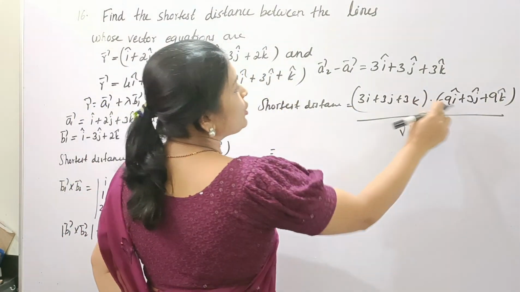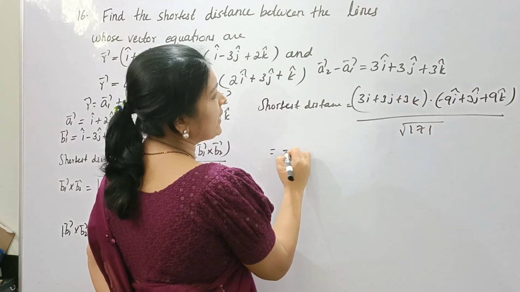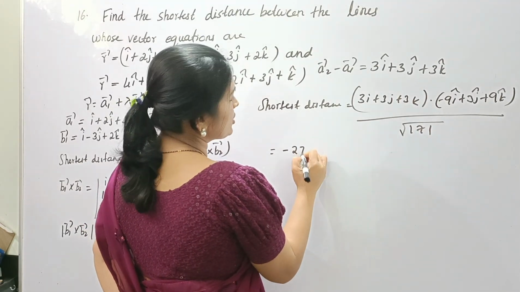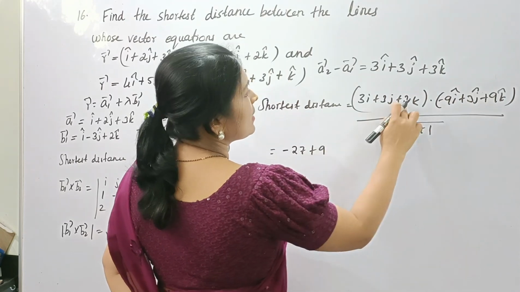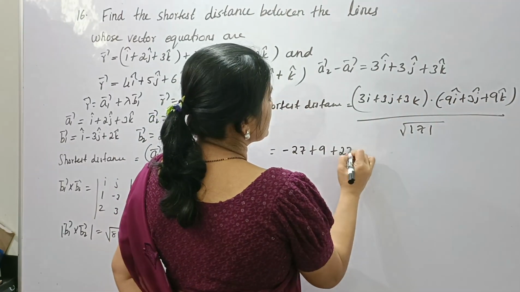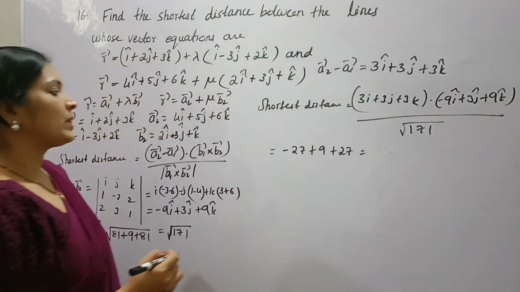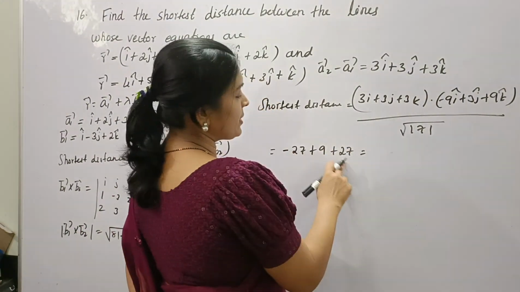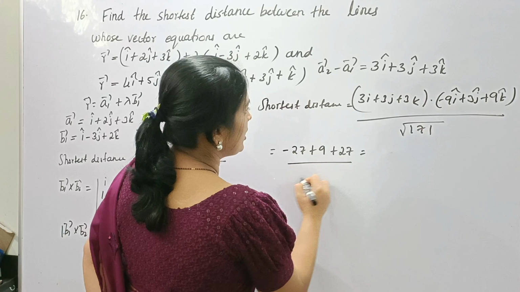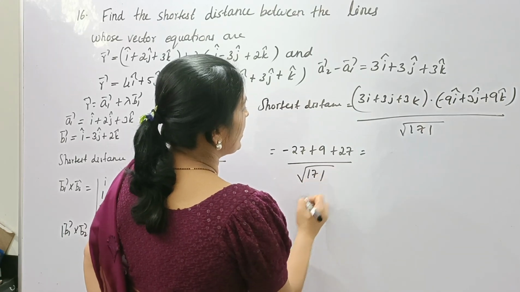That is equal to 3 into minus 7 minus 9 minus 27 plus 9 plus 27. Here 27 cancelled, minus 27 plus 27 cancelled, okay, divided by root of 171.